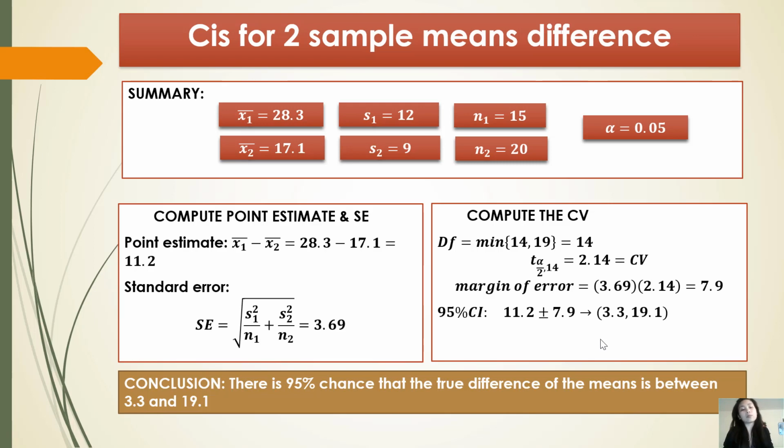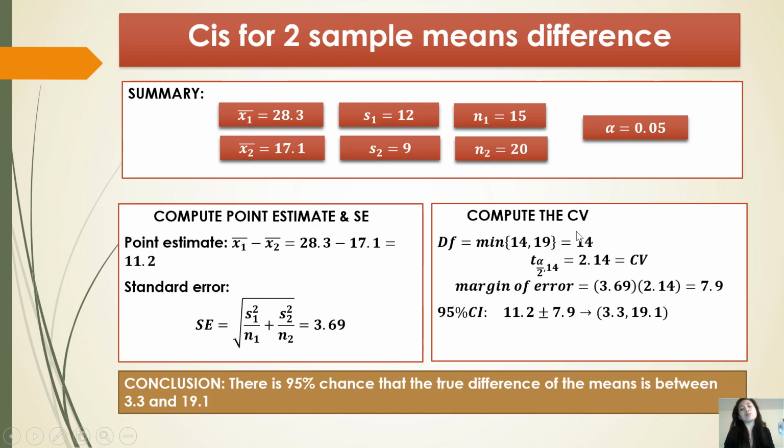So here first we find the point estimate by finding the difference between the two sample means, and we got 11.2. The standard error is the square root of s1 squared over n1 plus s2 squared over n2, which is 3.69. And for the critical value, we are working with the student t distribution, so we have to define the degrees of freedom.